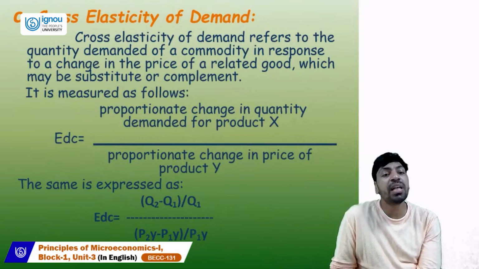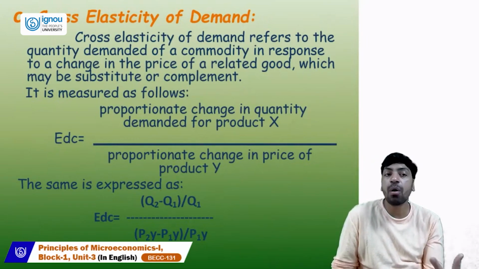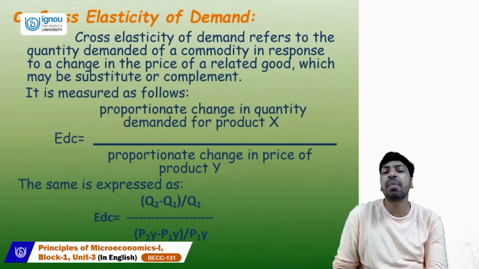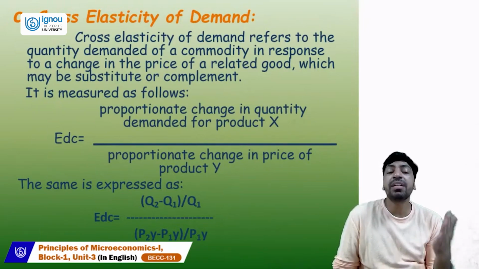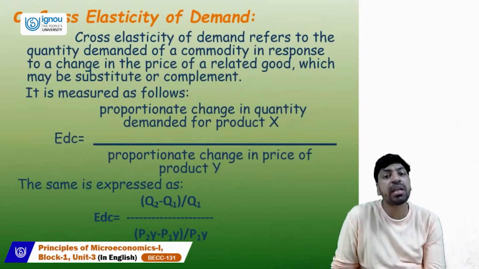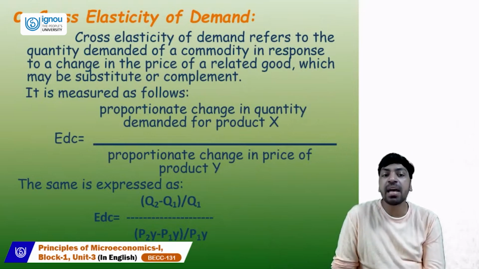We can define the cross elasticity of demand very easily using the mathematical formula. The cross elasticity of demand refers to a ratio of a proportionate change in quantity demanded for product X by the proportionate change in the price of product Y.